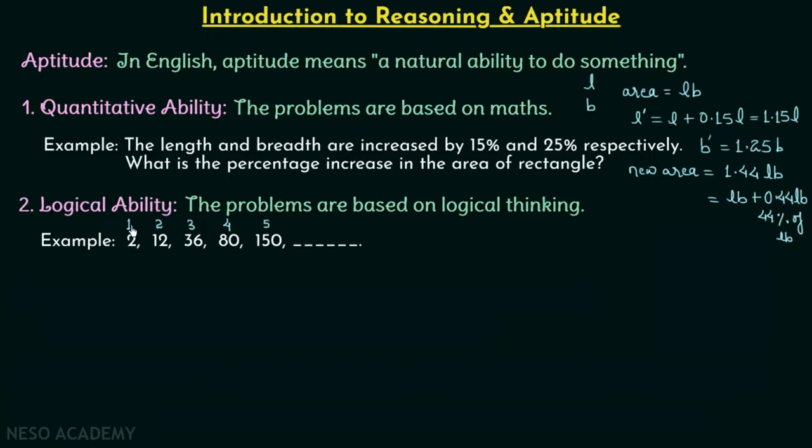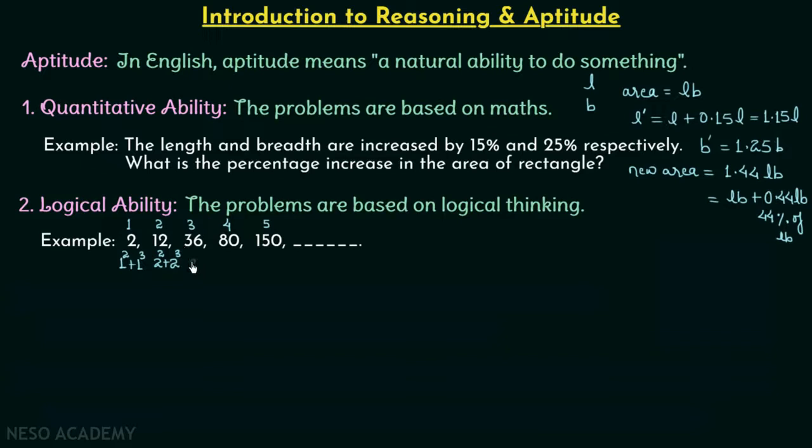And if I add 1 with 1, I have 2. Now following the same approach, if I add 2 with 2, I have 4, but here we have 12. So what we can do to have 12 out of this? I can take square of 2 and I can take cube of this 2, and we will have 4 plus 8 giving us 12. In this case also, 1 squared plus 1 cube will give us 2.